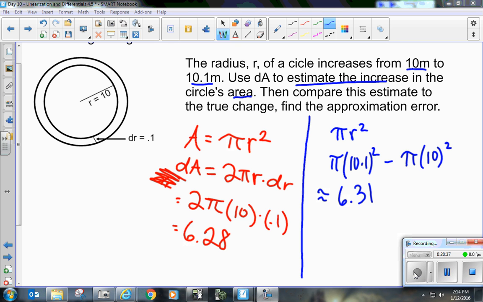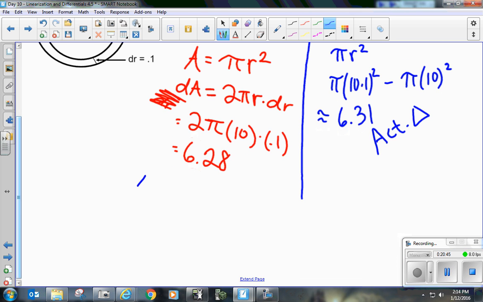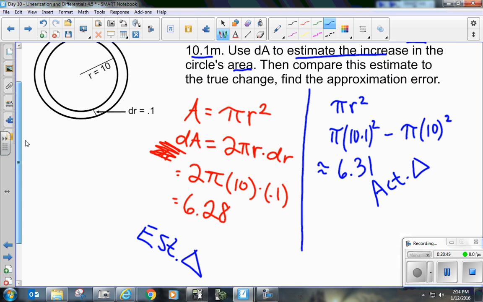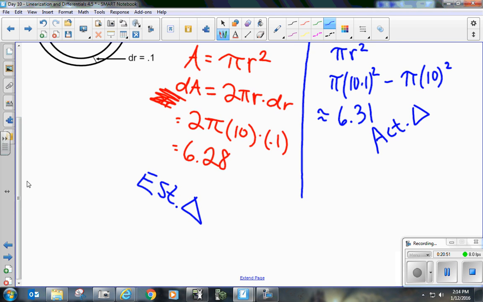Now that's close. So if this is the actual change, and this is the estimated change, how do we find the approximation error? The difference between the two, I'm going to take the absolute value. I should have called that true.